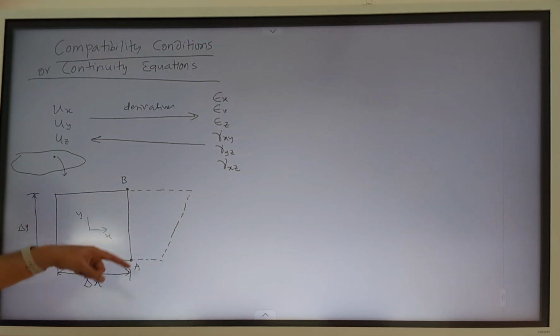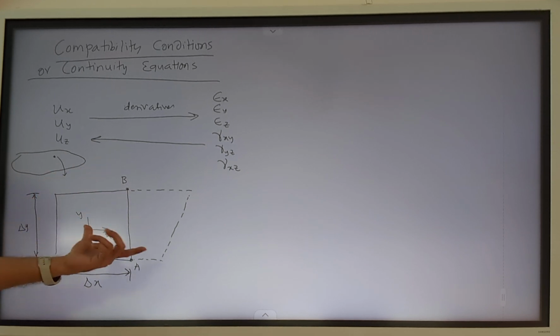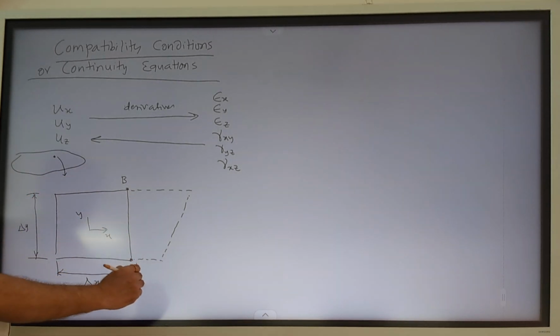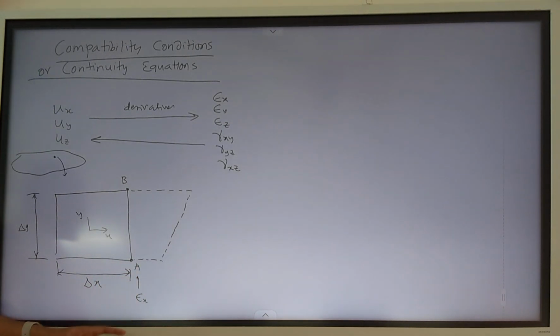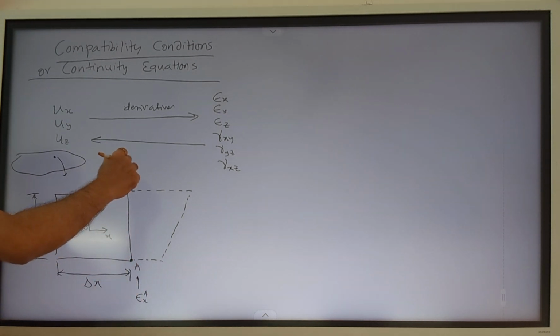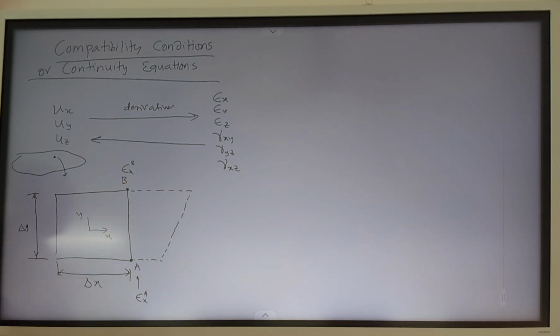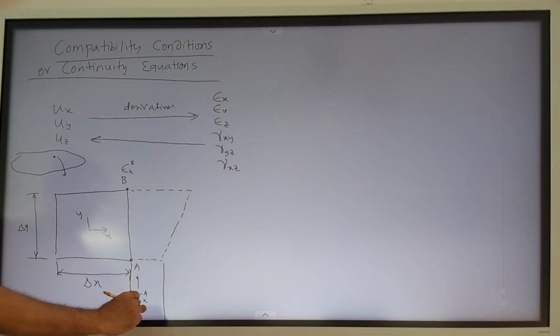Will the strain be same at point A and point B? It will not be same because the deformations are different. So the strain at this point, let's call it epsilon x at point A, and this is epsilon x at point B. Now what would be the total deformation at this point?